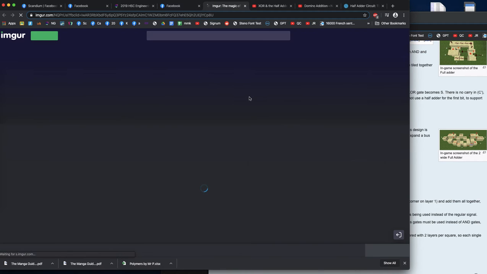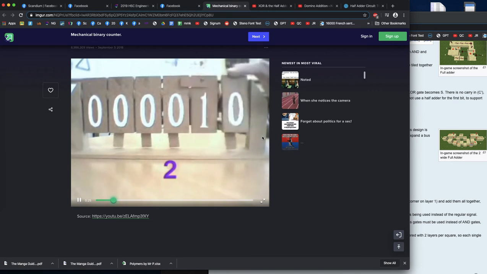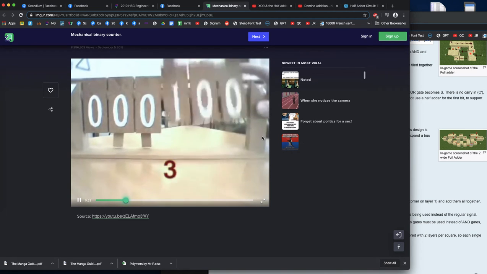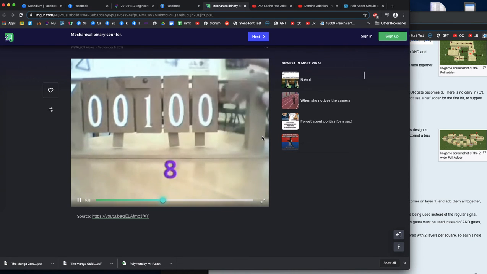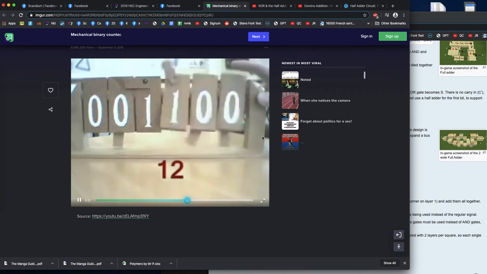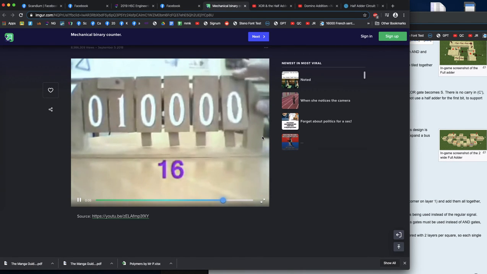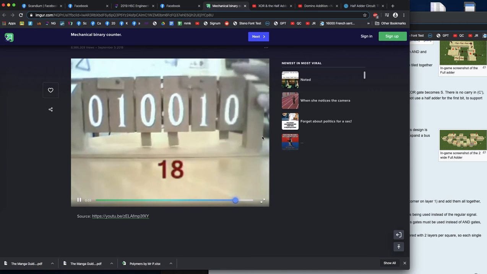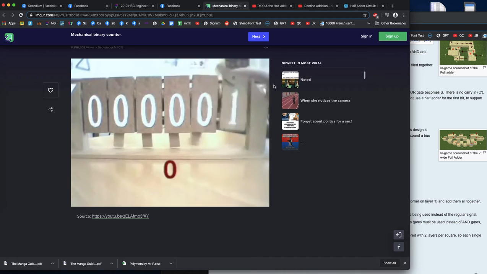Whenever you turn the crank, it adds 1 to the number. I think that's pretty cool.